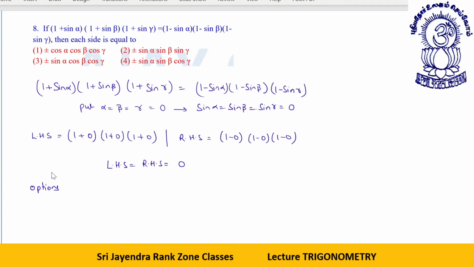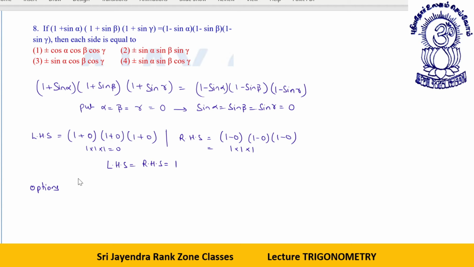See, we have to determine which option will give us the same value. Now our motive is to put the values of alpha, beta, gamma as 0 in all the options. LHS is equal to 1 into 1 into 1 and RHS is equal to 1 into 1 into 1, that is all are equal to 1.